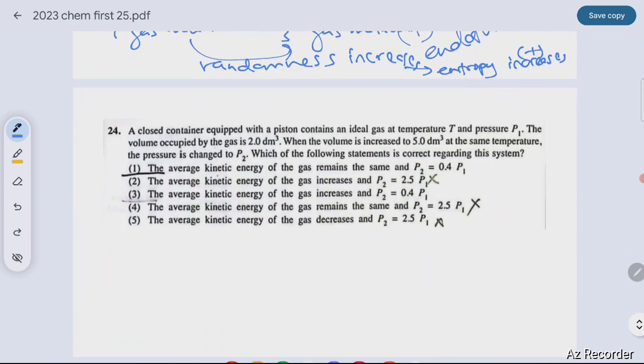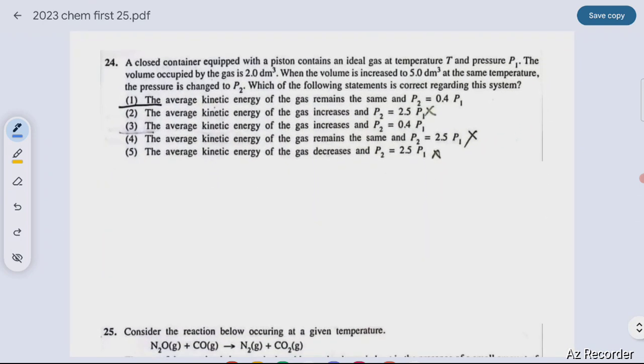Next, 24th question. A closed container equipped with a piston contains an ideal gas at temperature T and pressure P1. The volume occupied by the gas is 2 dm cube. When the volume is increased to 5 dm cube at the same temperature, the pressure changes to P2. Which of the following statements is correct regarding this system?